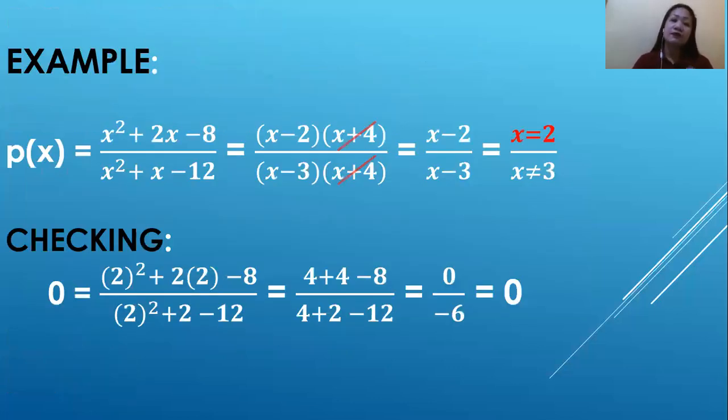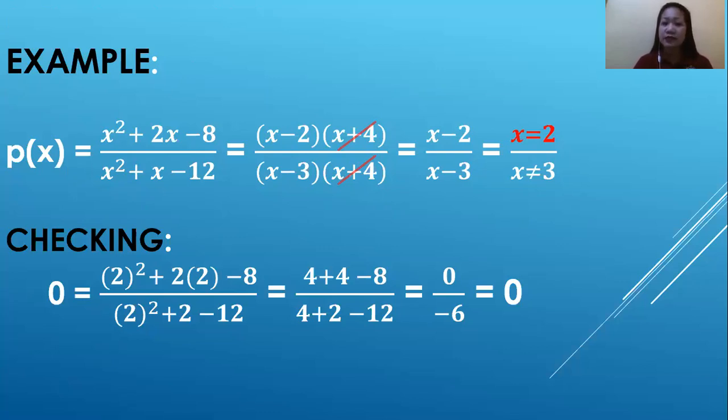Example, p of x is equal to x squared plus 2x minus 8, and the factor of this function is x minus 2 times x plus 4, while the denominator is x squared plus x minus 12, and the factor is x minus 3 times x plus 4. We eliminate x plus 4, then we have the remaining x minus 2 over x minus 3.